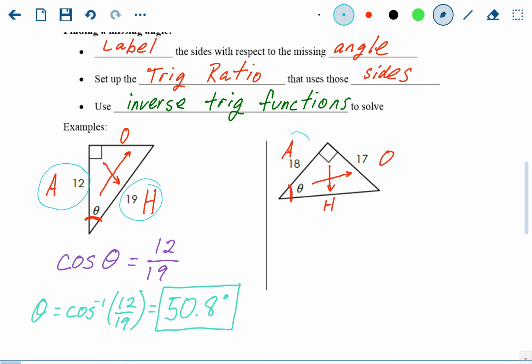So we're going to be using adjacent and opposite. Those are the two known sides. So which trig ratio uses opposite and adjacent? That's going to be tangent. So that means the tan of this unknown angle, theta, is going to be equal to opposite over adjacent, 17 over 18.